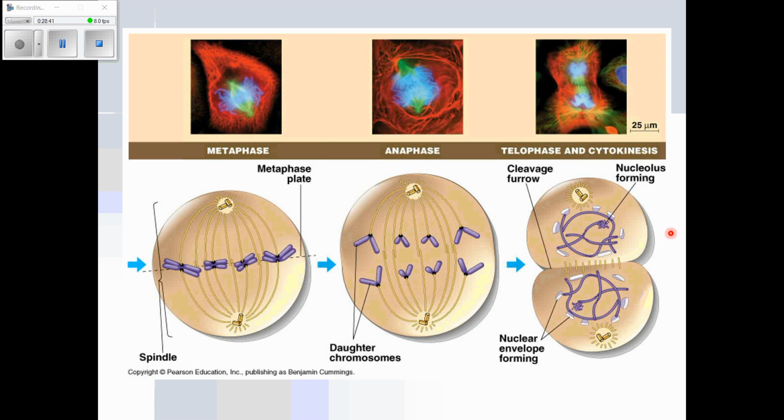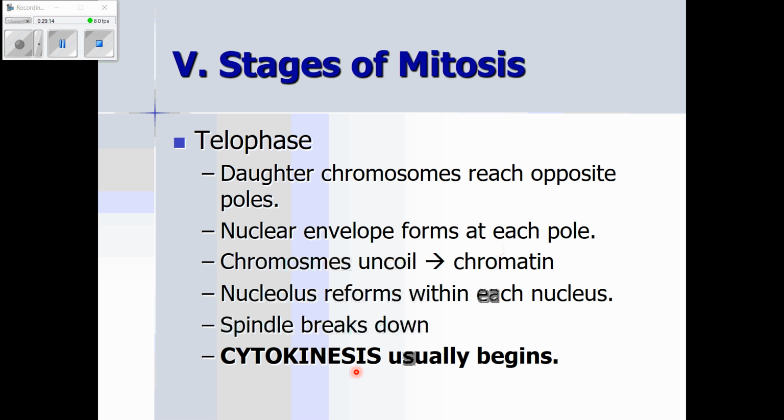This is an animal cell, and the way animal cells split is they pinch inward until that cleavage furrow gets deeper and deeper, and eventually it splits the cell right down the middle, and it'll actually separate and become two separate cells. That process of cytokinesis, the physical splitting of the cell, normally begins during telophase. Sometimes you might see a little hint of it in anaphase, so don't be confused by that. But typically we think of cytokinesis as mainly occurring during telophase.